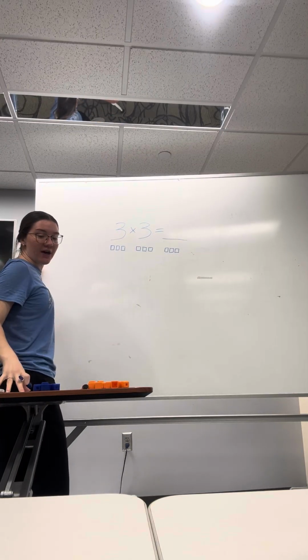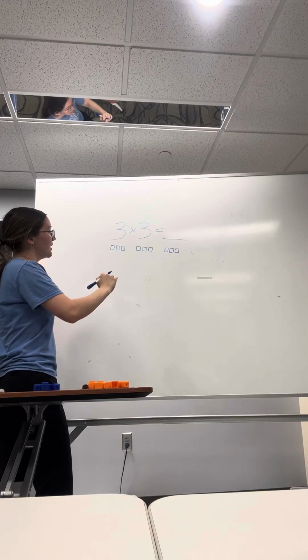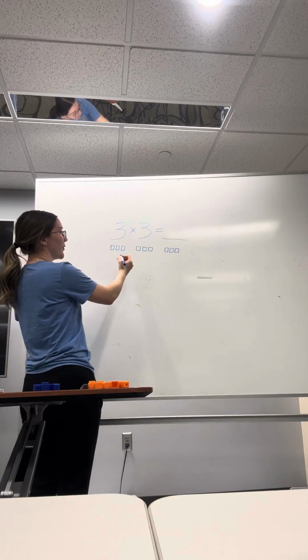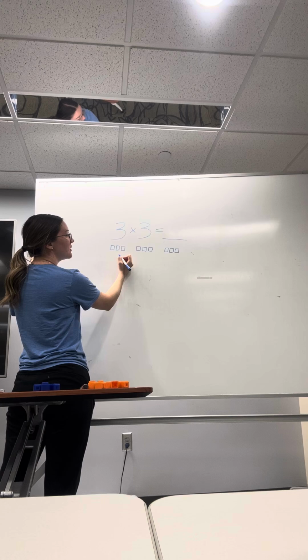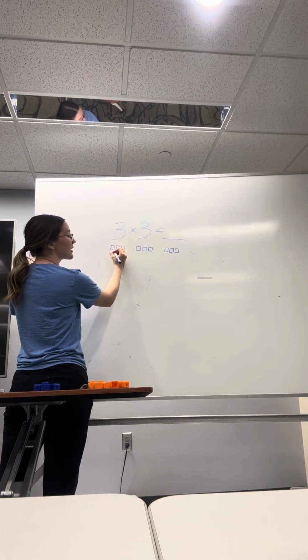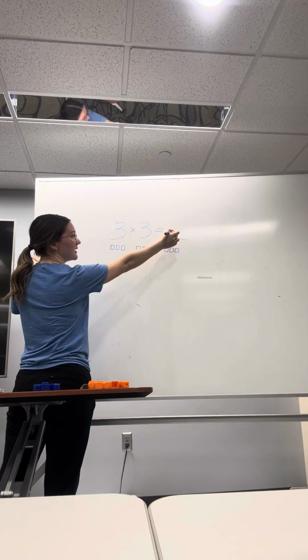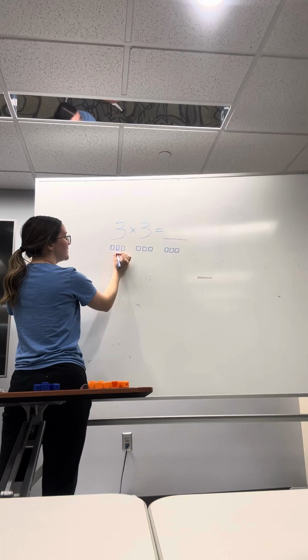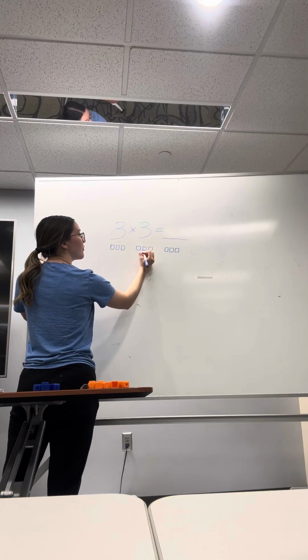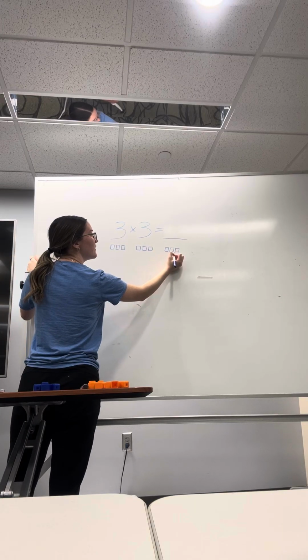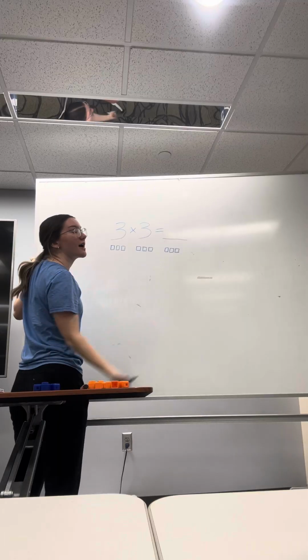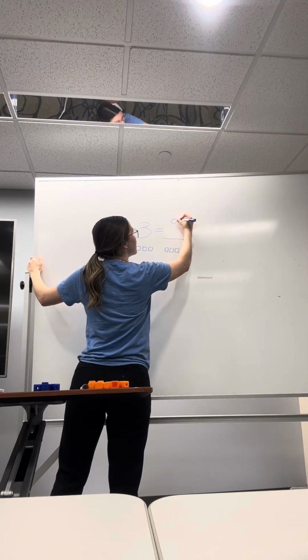And you guys can use your counters too. Now you can help Miss Lydia count how many we're going to go across to get our answer. So 1, 2, 3, 4, 5, 6, 7, 8, 9. Yes, 9 is our answer.